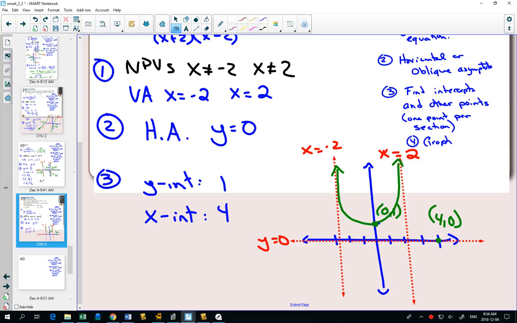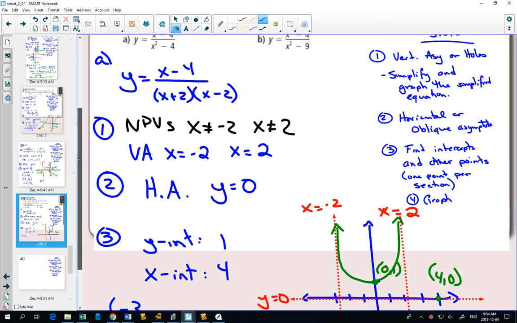For the rest of the graph, we are going to need some more points. We're going to need a point in this section. So I'm going to say, well, what happens if I plug in negative 3? Go up to my factored equation. Can you see in the numerator that you would get negative 7? And in the denominator, negative 3 plus 2 would be negative 1. Negative 3 minus 2 would be negative 5. That simplifies to negative 7 over 5.